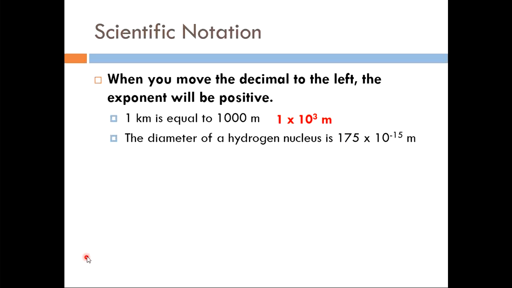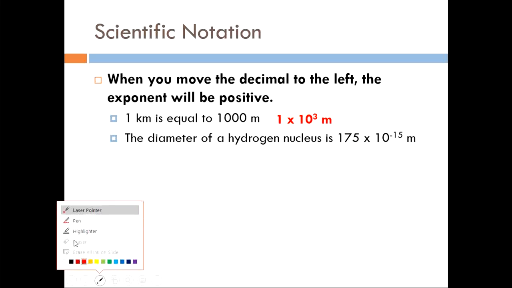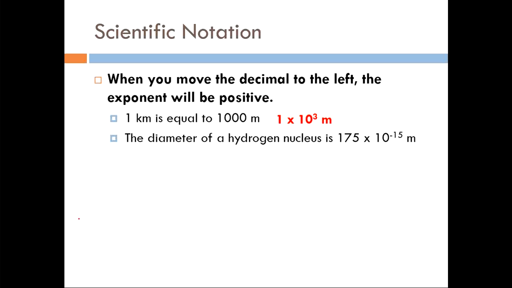What happens to the decimal when you move it over to the left? It becomes positive. So we moved it over to the left twice. So what we do here is we're actually going to add 2 to the exponent. And so our new number is 1.75 times 10 to the negative 13 meters. And that's just rewriting our scientific notation number into proper scientific notation.